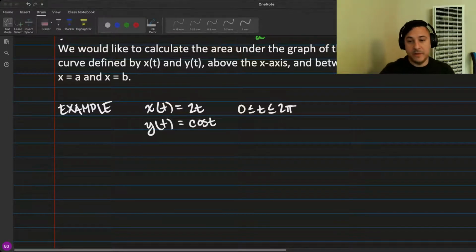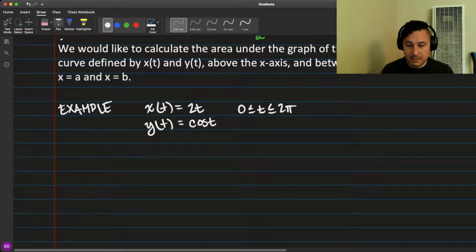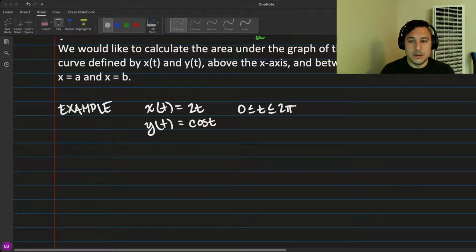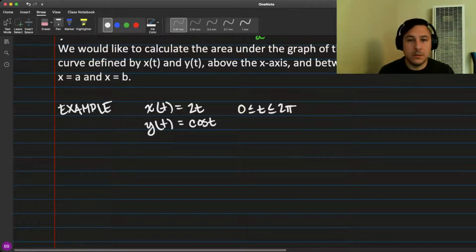I'm going to quickly use Wolfram to graph this, and then I'm going to paste in the graph so we can take a look at it. Our x value is 2t, our y value is cosine t. Actually, let's change this up a little. Let's go from 0 to pi over 2.